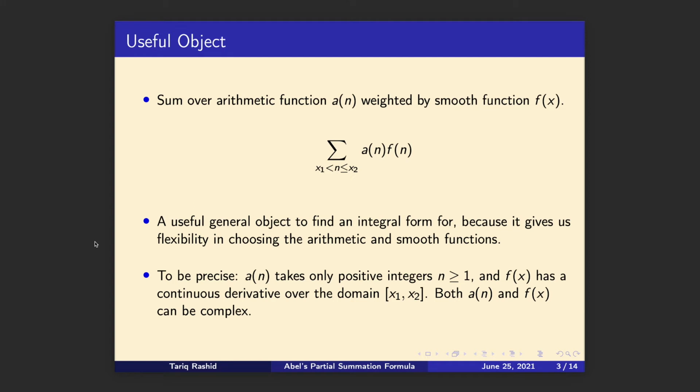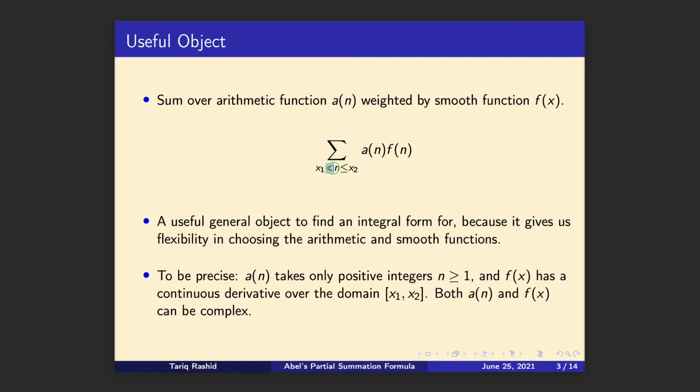So we have to think about what kind of arithmetic function, what kind of discrete function, we want help with, and we're going to pick something that's fairly general. Here we've got a sum between two limits, and the sum is only over the integers. If x1 and x2 aren't integers, then n only takes the integer values between those two points.